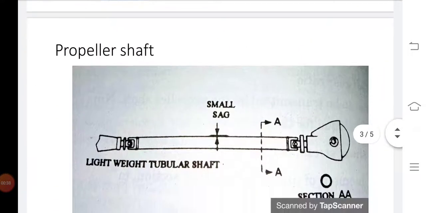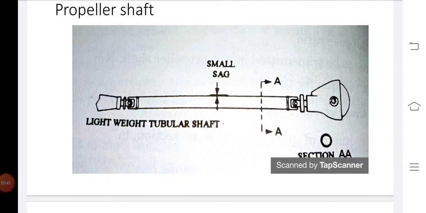This is the propeller shaft drawing diagram, and this shaft transmits the power from the left side, which is the gearbox, to the right side, which is the differential or the rear axles. Normally this propeller shaft is a tubular section made in one or two pieces.